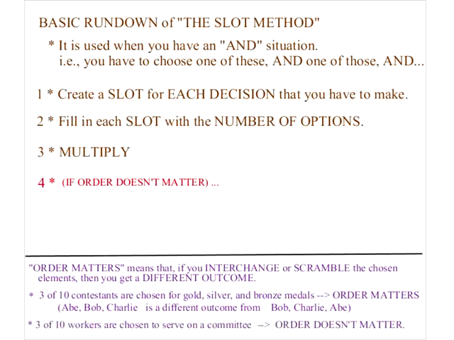Because if you choose a committee of Abe, Bob, and Charlie, that's the same outcome this time as Bob, Charlie, and Abe, and any other scramble that you might want to make. So if I scramble the committee, it's still the same committee. If I scramble the people that win these medals, then I have different people winning different medals, and it's no longer the same. So, smiley faces if that makes sense.